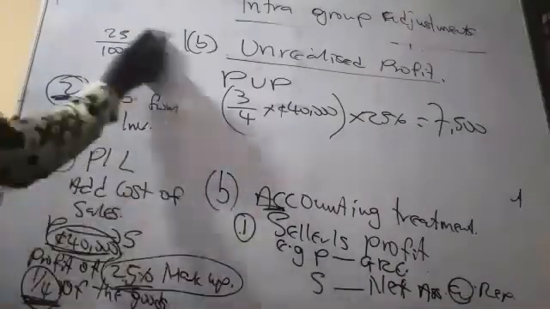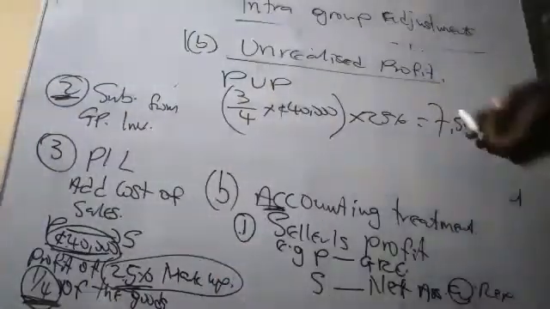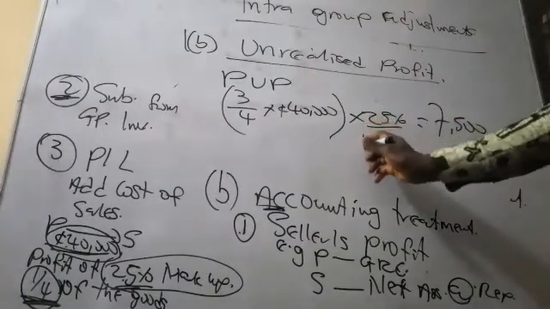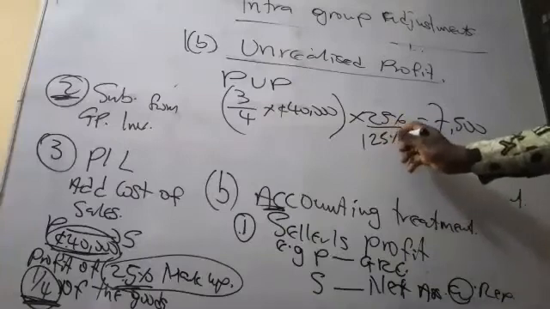Good. So let's incorporate it here. If it is markup, tell the examiner that it will be 25 out of 125%. That's all.